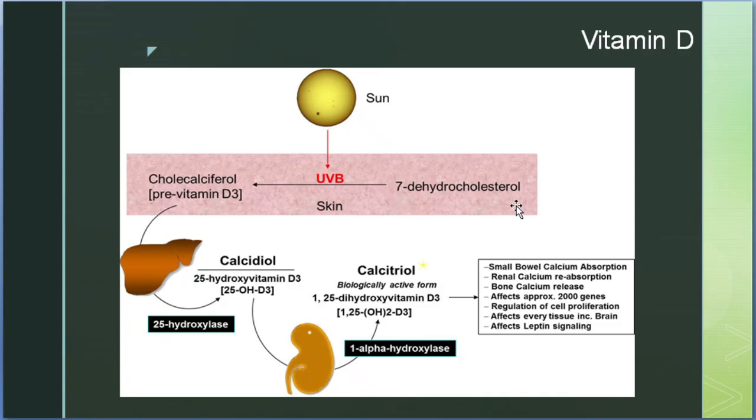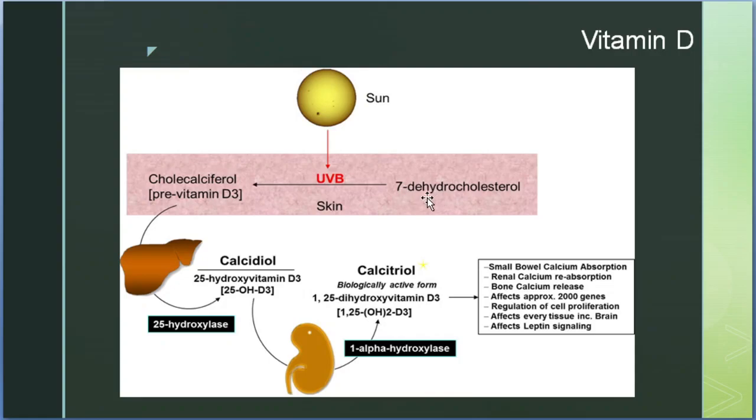Again, your 7-dehydrocholesterol in your skin, by the action of the UV rays B of your sun, is converted into pre-vitamin D3, which is your cholecalciferol.